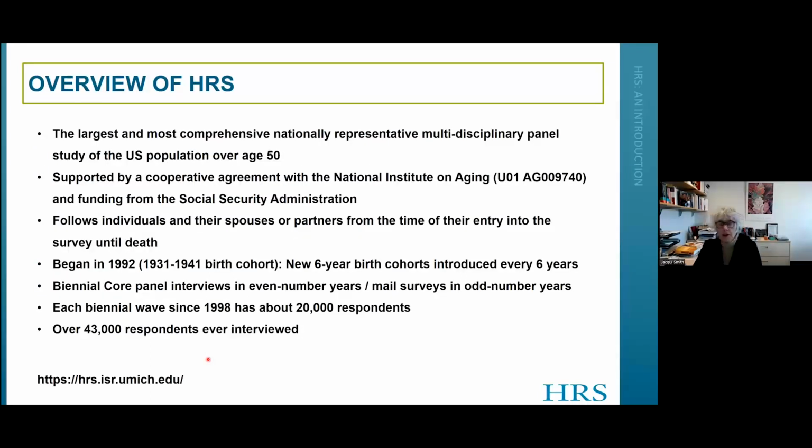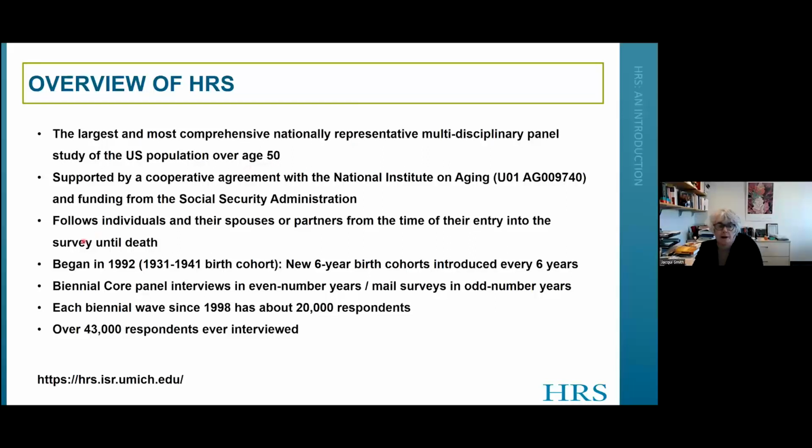Okay, so a quick overview of HRS. It's actually the largest and most comprehensive, nationally representative, multidisciplinary panel study of the US population over age 50. You will find some younger people when you download and look at the sample.